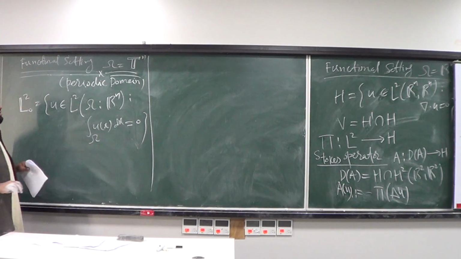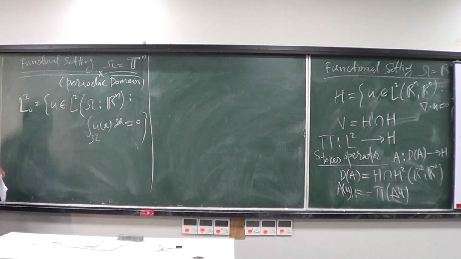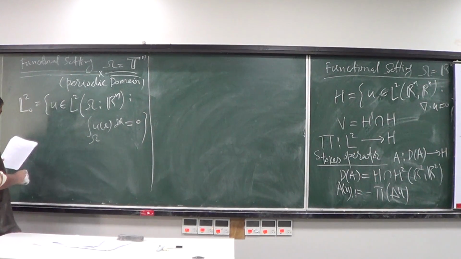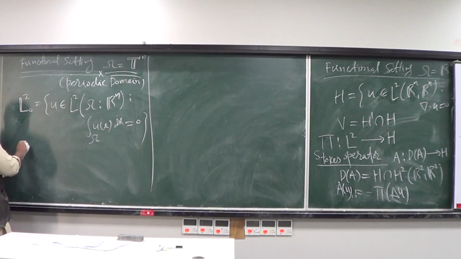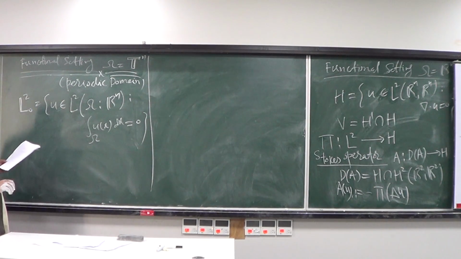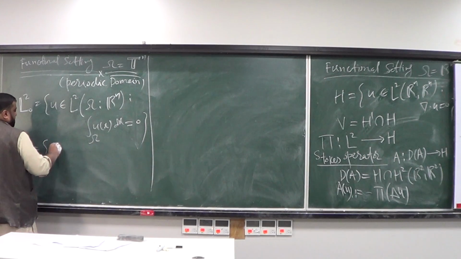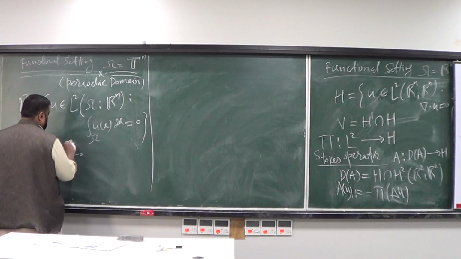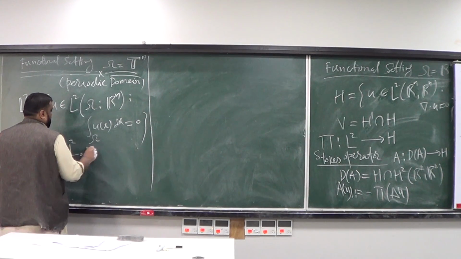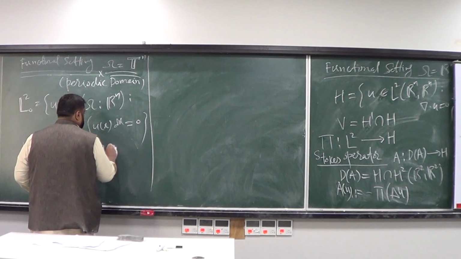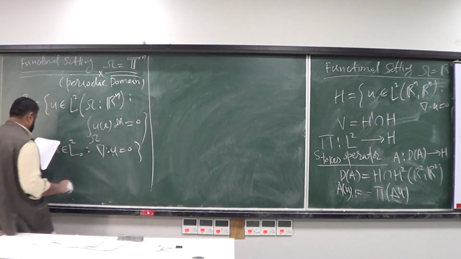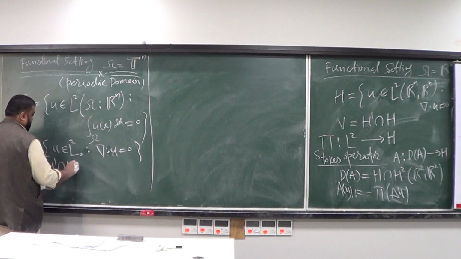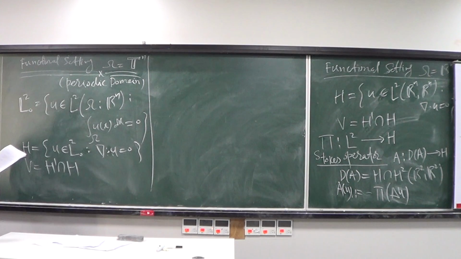So you don't need divergence freeness here. What you need is that the integration of u over dx is 0. What is H? H in this case is going to be those u from L2 naught which are divergence free. And again V is H1 intersection H.